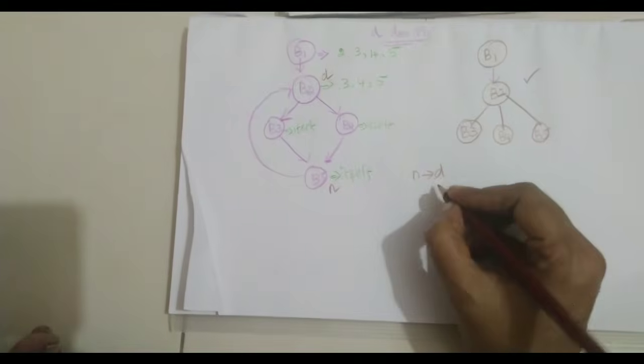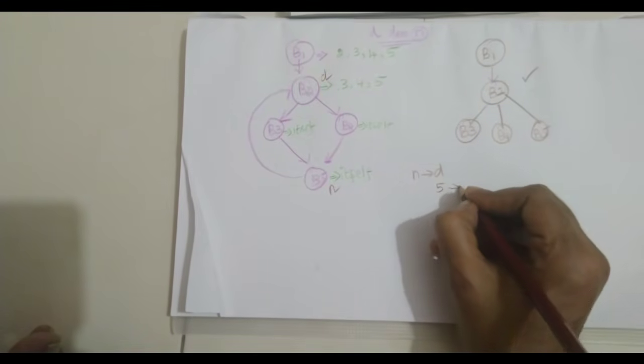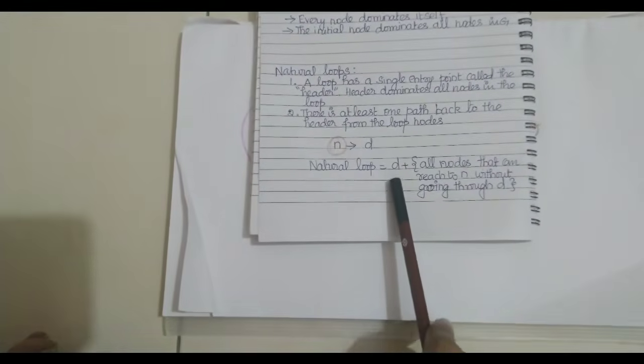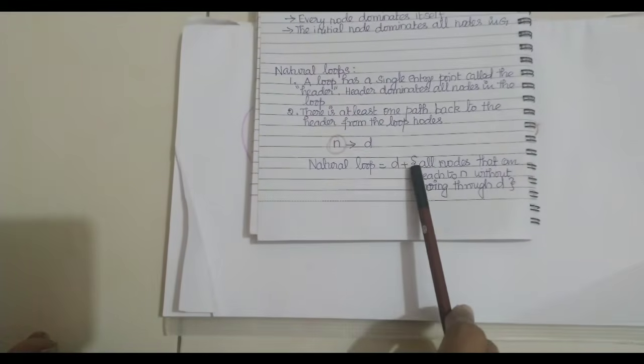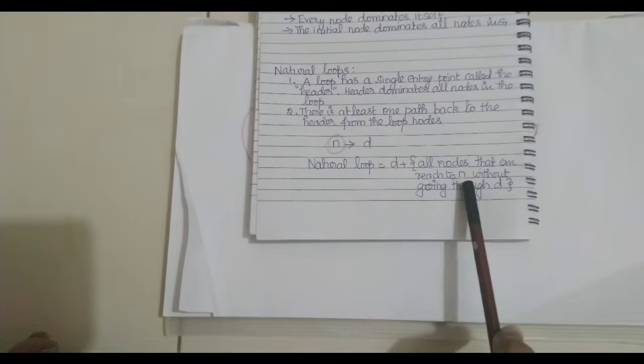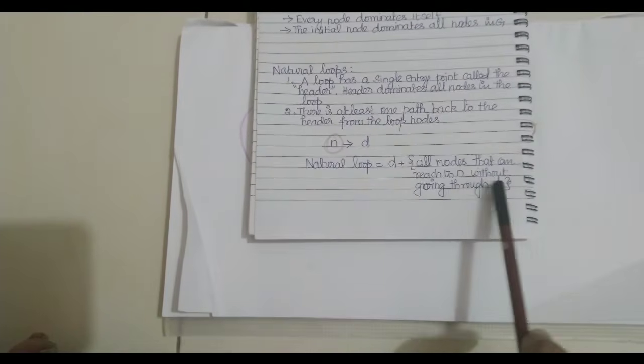And if you want to find the natural loop between 5 and 2, what is the formula? The natural loop is equal to D plus all nodes that can reach N without going through D.